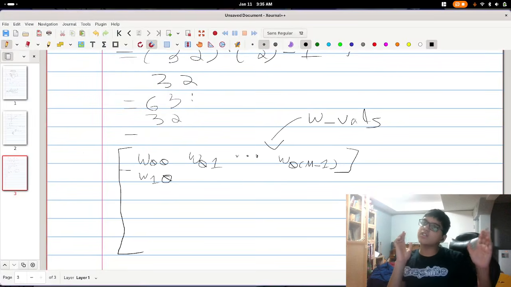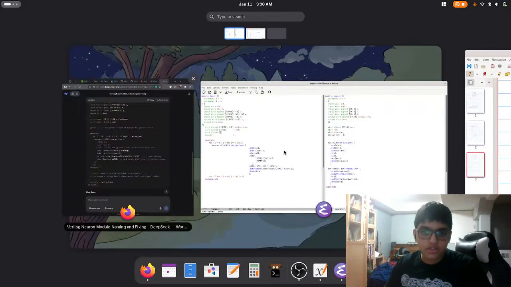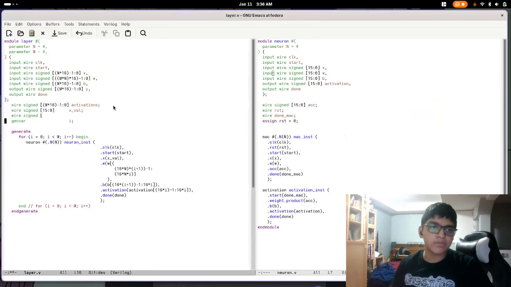So the start number gets bumped up by n, and the end number gets bumped up by n. So if we were to implement that, we'd need a 16-bit number for every neuron in W vals.